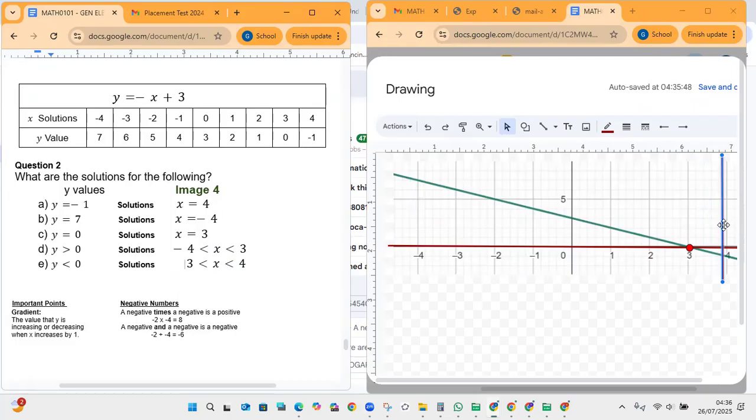And at 3 exactly, y is actually equal to 0. The solution for the y value being 0 is 3. So the solution for y above 0 is from -4 to 3, and the solution for y below 0 is from 3 to 4. Above 0 means positive, and below 0 means negative.